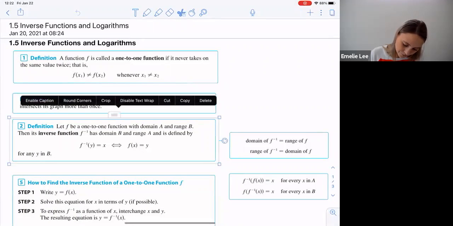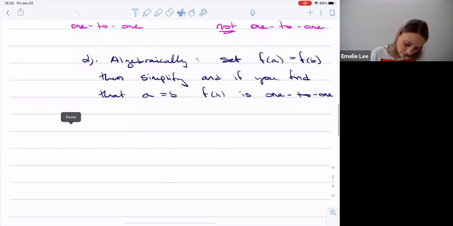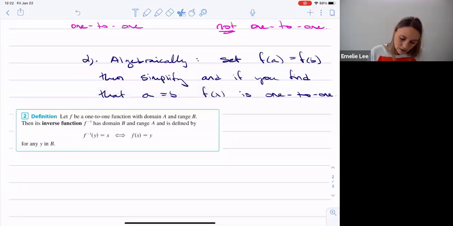So if the function is 1 to 1, and if the function has a domain of A and a range of B, and we're going to use that in a little bit here, then the inverse function f to the -1 has domain B and range A. Okay, so that's kind of cool.